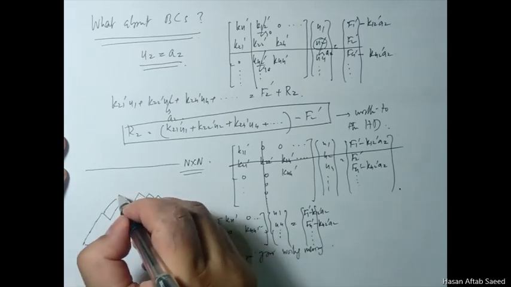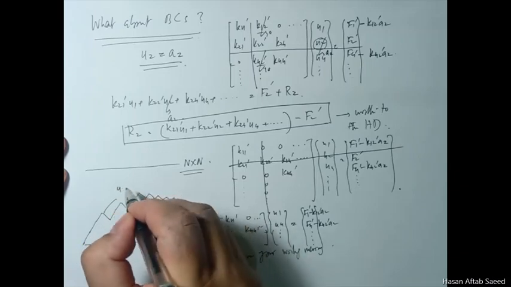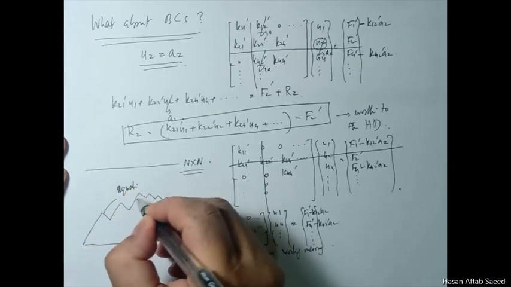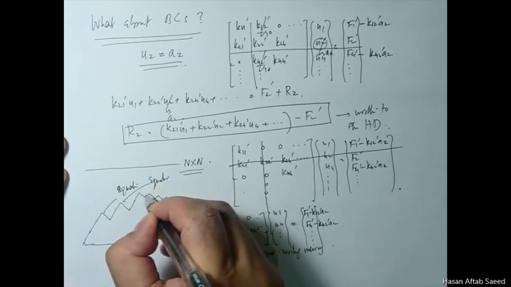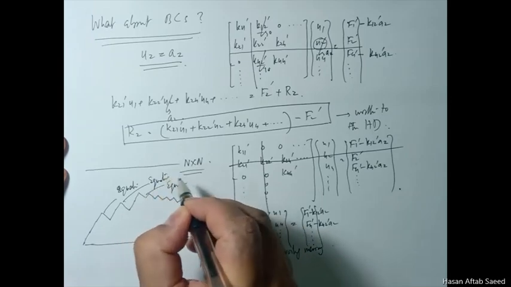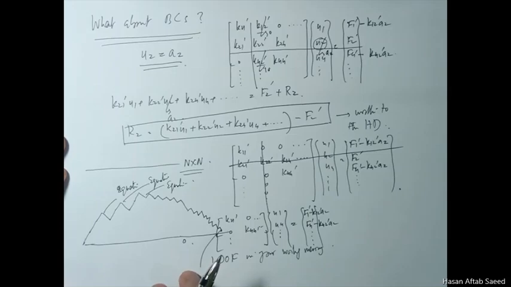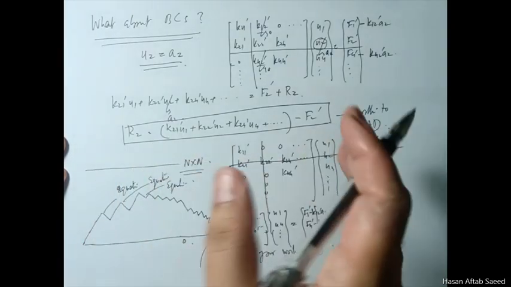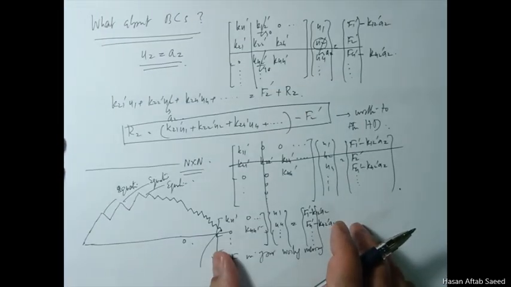At each stage you are writing equations. At each stage you are writing, whether it's a specified boundary condition or not, you are writing equations. In some cases for u, in some cases for r.